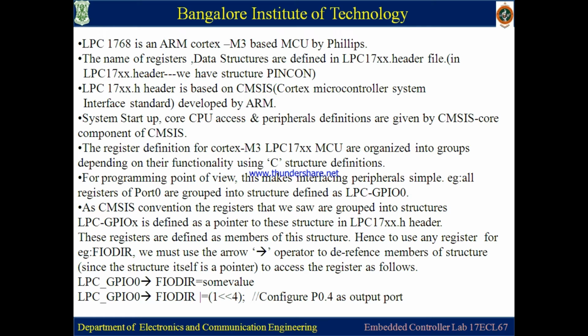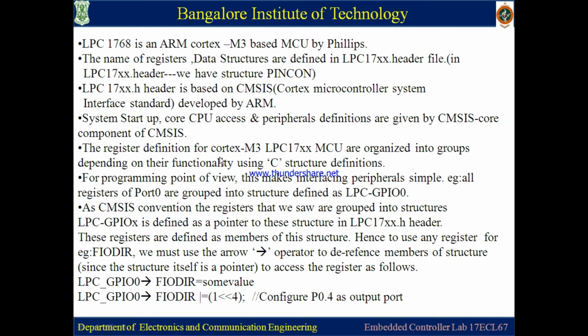The names of the registers and data structures are defined in the LPC17xx header file. So in this header file we have a structure called PINCON. This LPC17xx.h header file is based on CMSIS developed by ARM. System startup, core CPU access, and peripheral definitions are given by CMSIS, the core component of CMSIS.